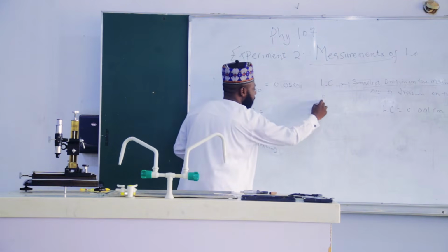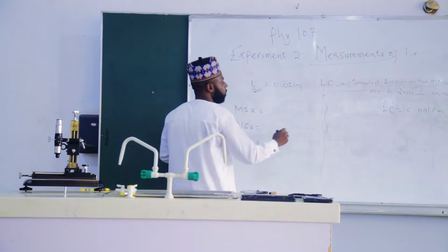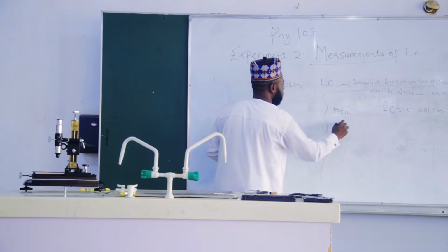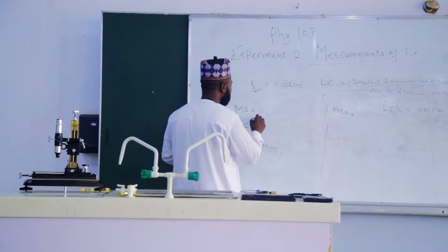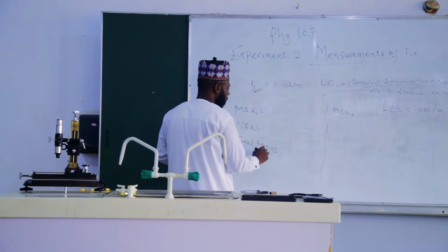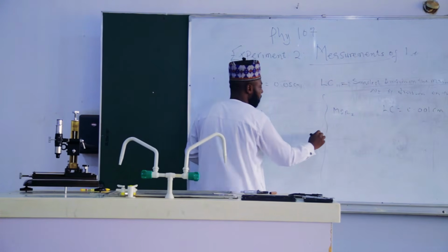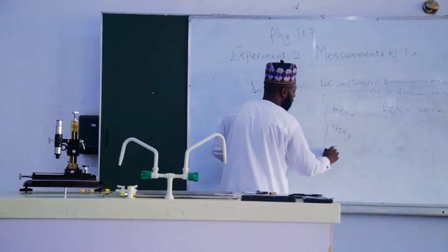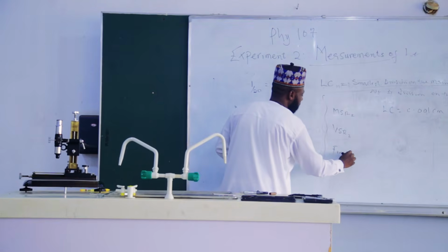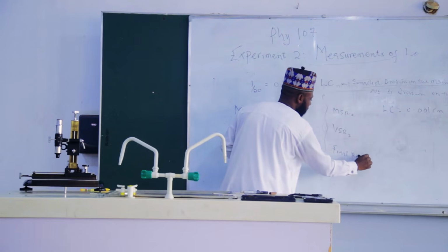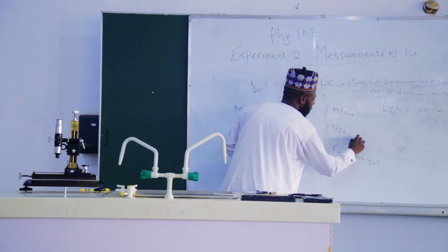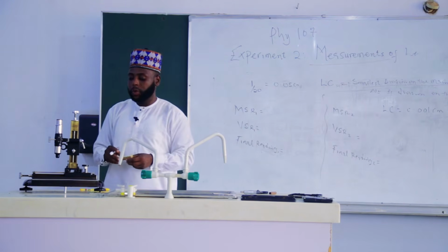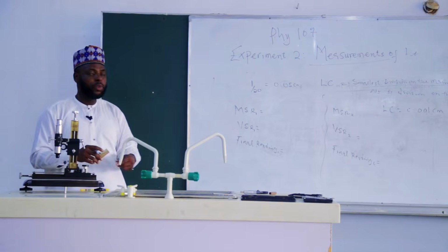So that means we have 2 sides. So we are also going to have the main scale reading of the second side, the corresponding vernier scale reading, and the final reading of the second line. The final reading for the whole measurement will then be the difference between these two.